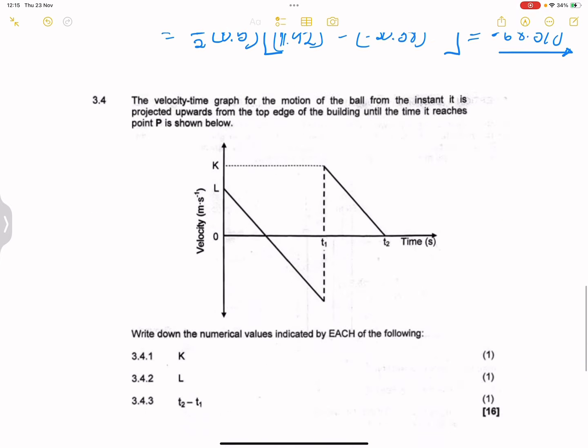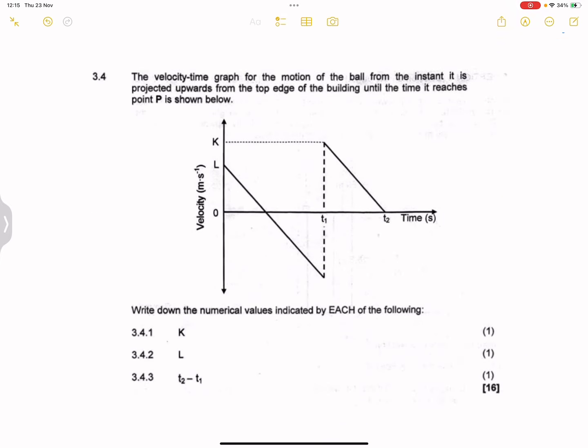So the next portion, they say to us, the velocity time graph for the motion of the ball from the instant it is projected upwards from the top edge of the building until the time it reaches point P is shown below, right? Now they say to us, write down the numerical values indicated by each of the following.